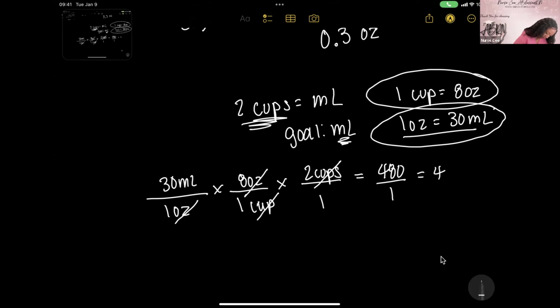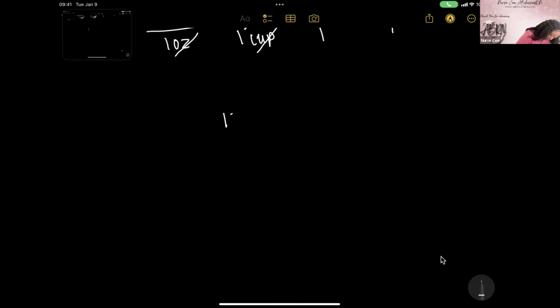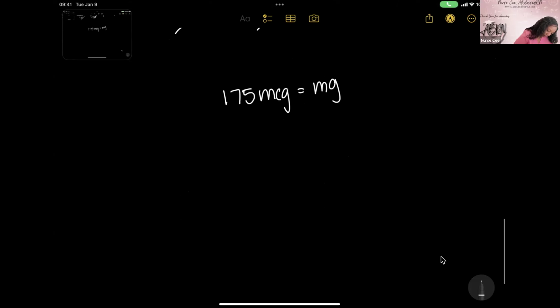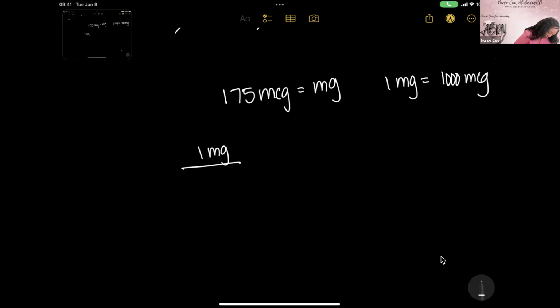So let's do a microgram to milligram. So 175 micrograms equals how many milligrams? So we know that 1 milligram equals 1,000 micrograms. So we'll do 1 milligram over 1,000 micrograms.